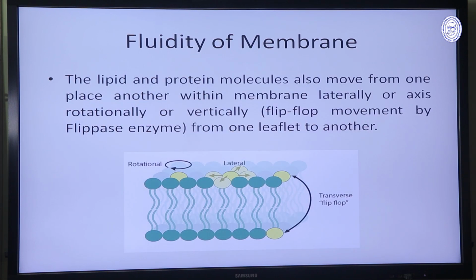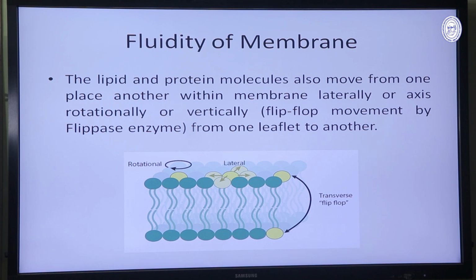So, how is this fluidity of a membrane maintained? The lipid and the mosaic protein patches or the molecules can move from one place to another within this membrane, either laterally, that is sidewise, or they can rotate through their own axis, or they can jump from one leaflet or one monolayer of plasma membrane to the another monolayer.